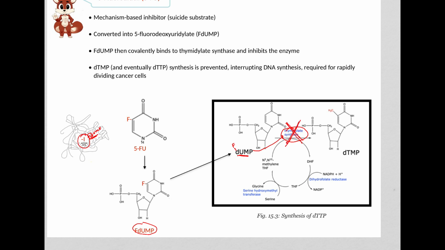Without this enzyme, dTMP will not be made, and without dTMP, there won't be enough dTTP, and this cell that is actively dividing, for example cancer cells, will not be able to make new DNA, and therefore it cannot divide. So this is a drug that is used as part of cancer chemotherapy.